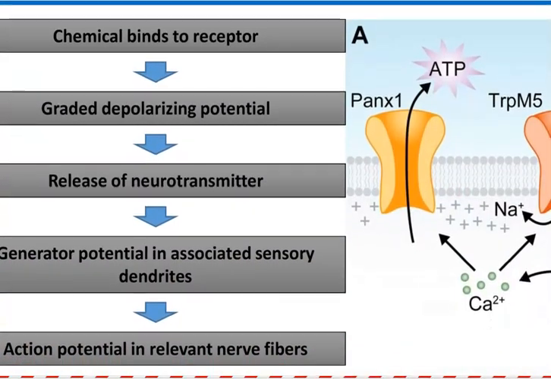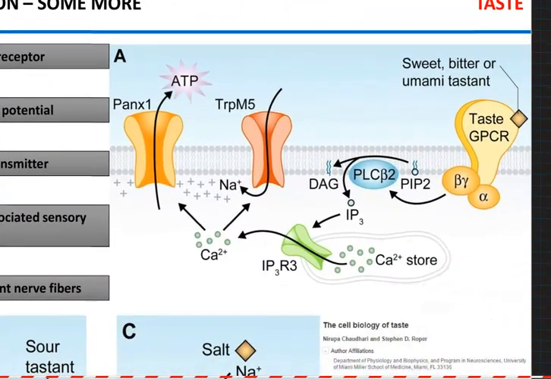I think I want this image. So this image illustrates sweet, bitter, or umami. Now, hear me out. Do you need to memorize all the fancy names? No. Look. This is the receptor.